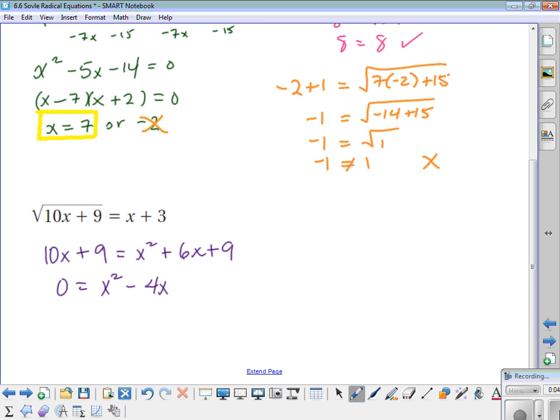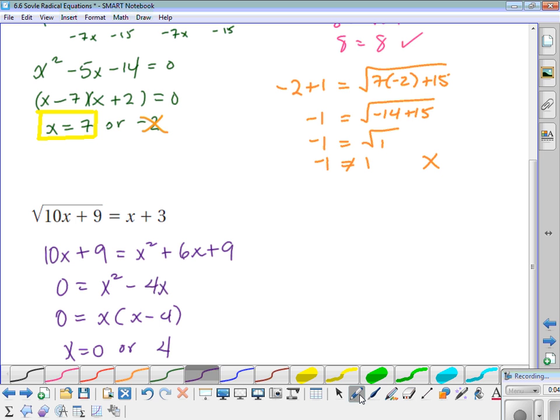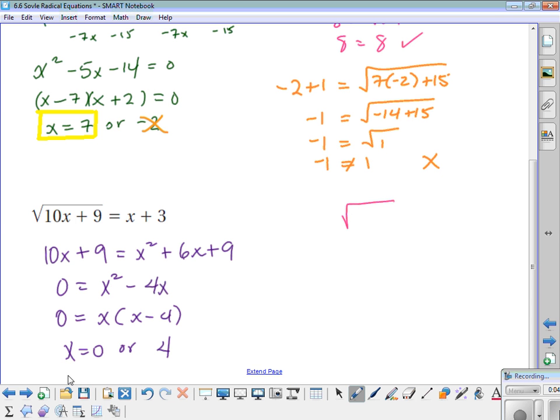When it's not a trinomial and it's not the difference of squares, you just take out the greatest common factor. So x times x minus 4. So that means either x has to be 0 or x minus 4 has to be 0, so that would make x positive 4. Then when you go back and plug them in, we get 10 times 0 plus 9 under the radical, and then 0 plus 3. So we get the square root of 9 is equal to 3, so that one works.